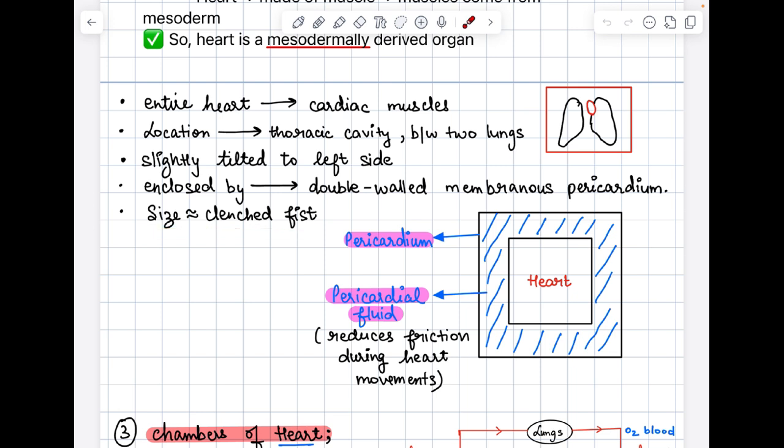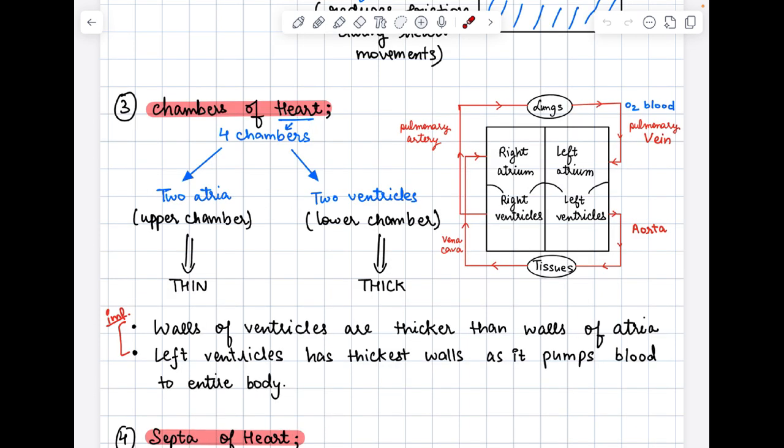So suppose this box is the heart, okay, and this layer is called the pericardium, and the fluid that is present in between this is called the pericardial fluid that reduces the friction during the heart movements. Now, chambers of heart. As we all know that heart has 4 chambers, 2 atria and 2 ventricles.